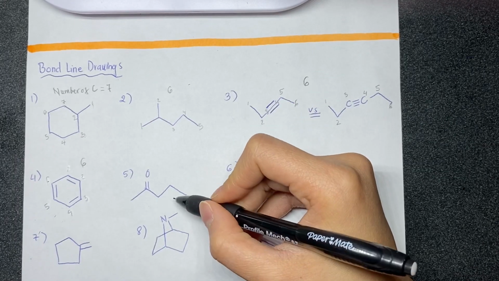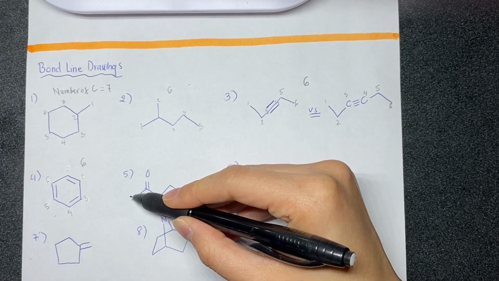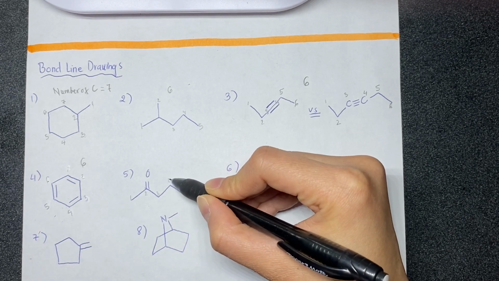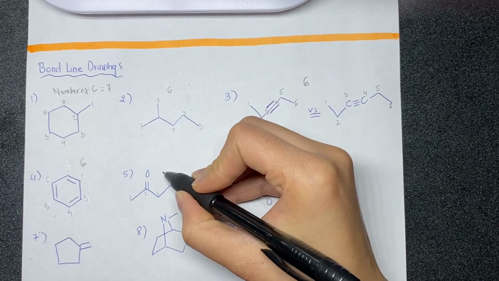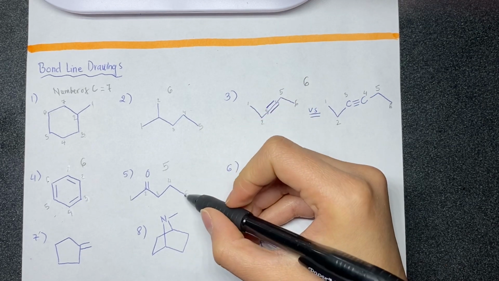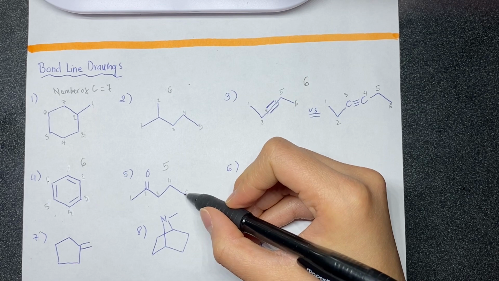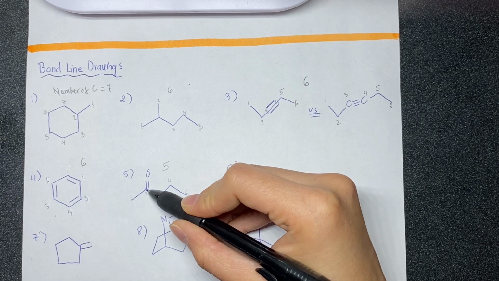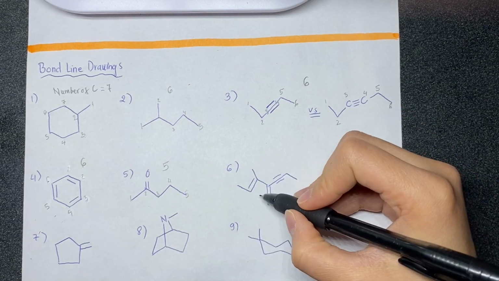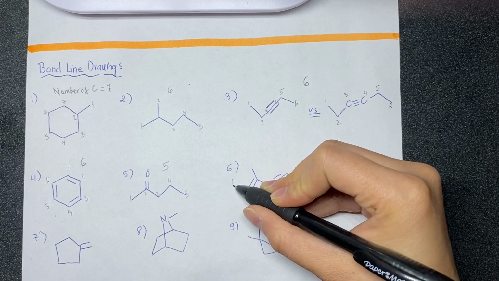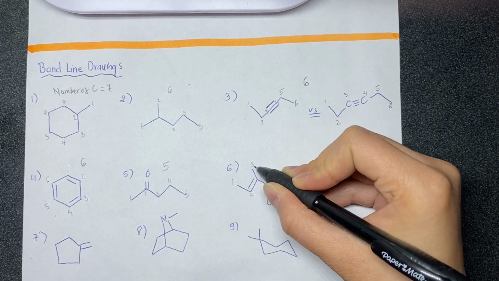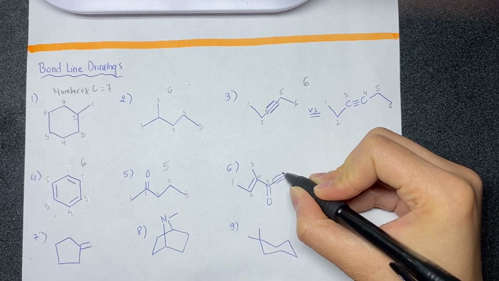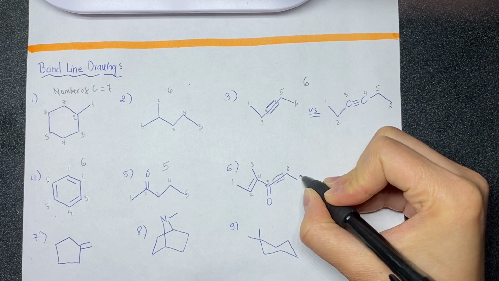And here, you can start here, 1, 2, 3, 4, 5 carbons. Or if you were to start here, you're still going to get the same number of carbons. So let's see, 1, 2, 3, 4, 5. And then this structure, you are going to have 1, 2, 3, 4, 5, 6, 7, 8, 9.